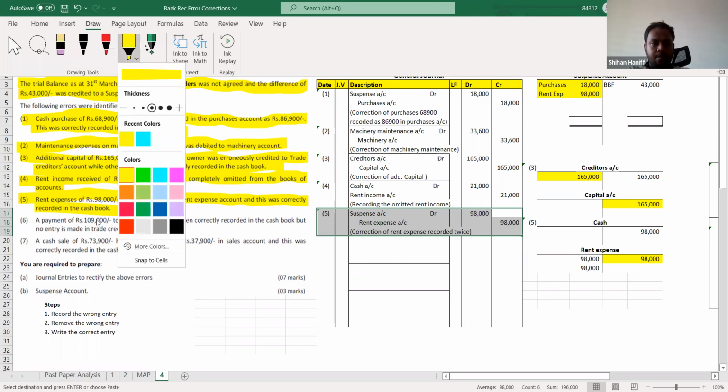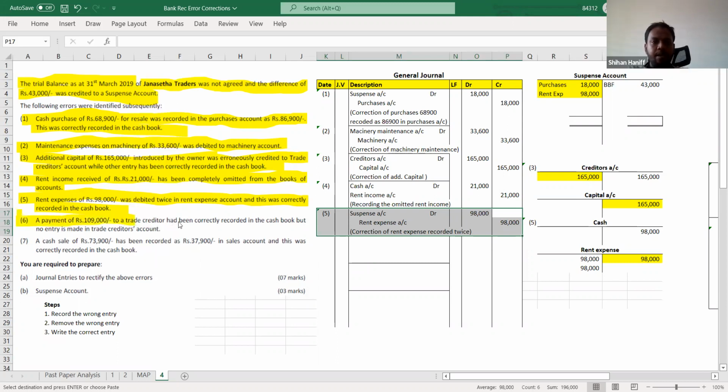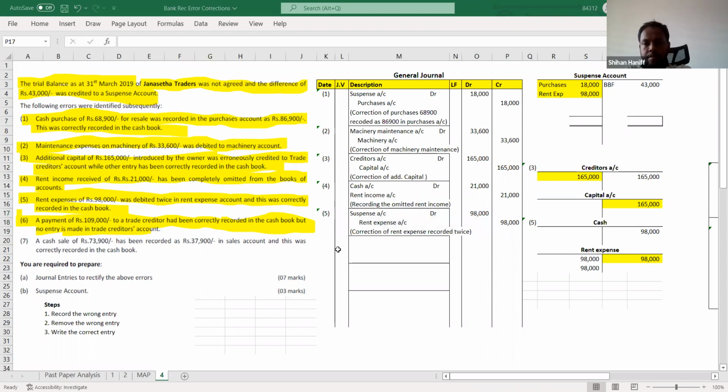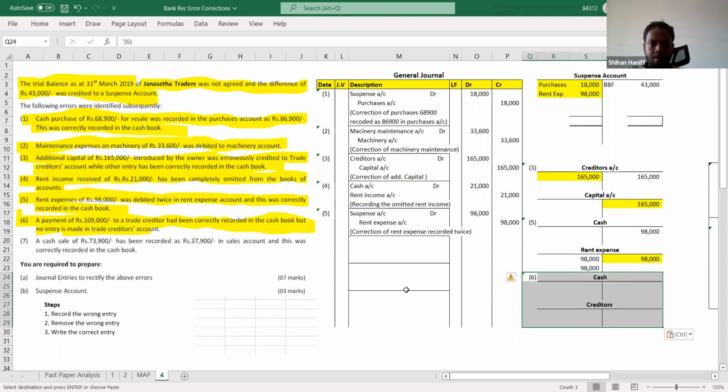Next, number 6. Payment of 109,000 to a trade creditor had been correctly recorded in the cash book. The cash book is correct, but no entry is made in the trade creditors account. So cash is correctly recorded, 109,000.